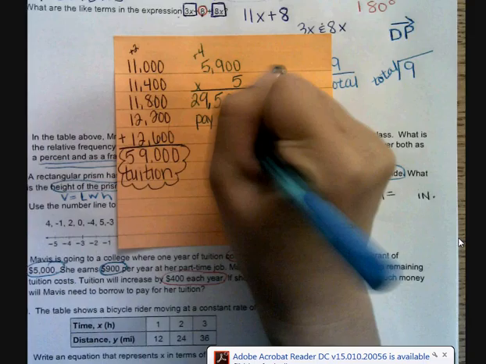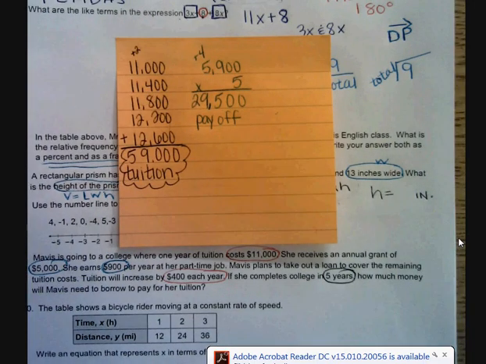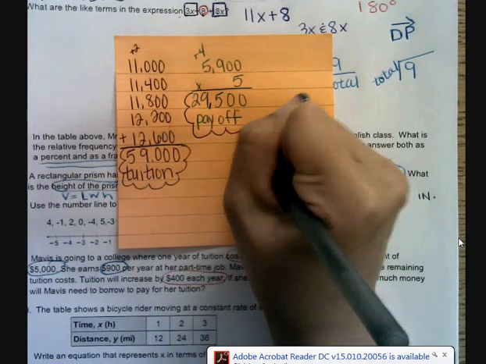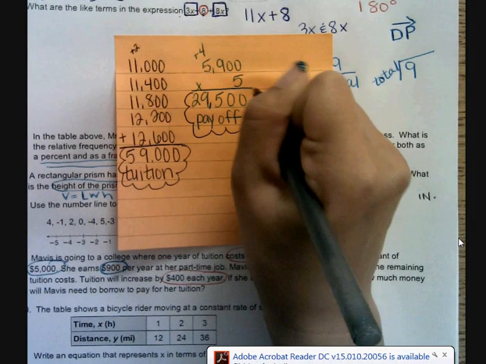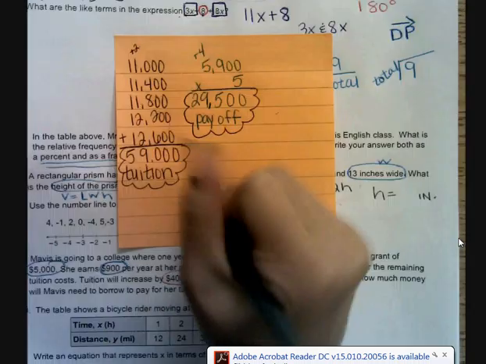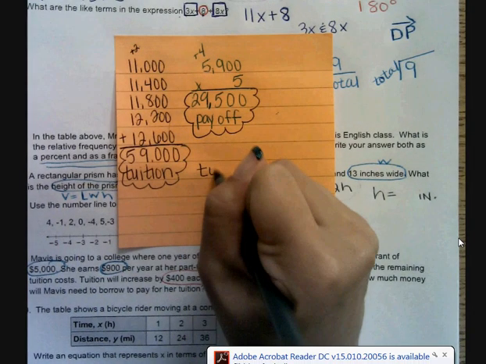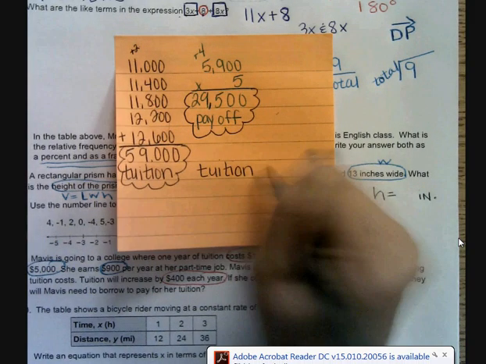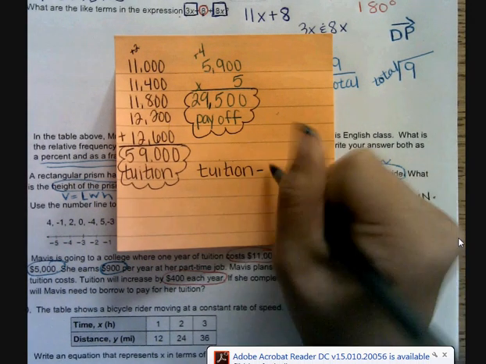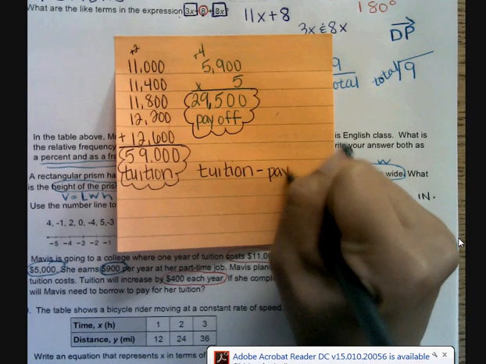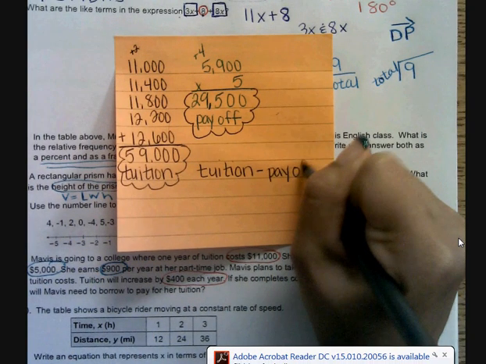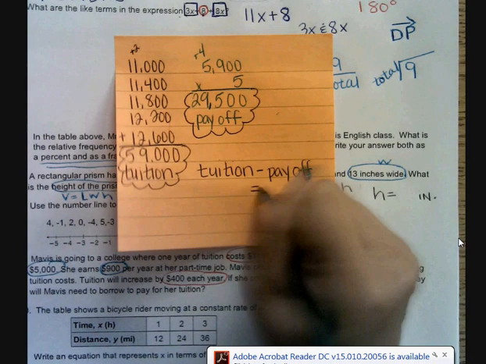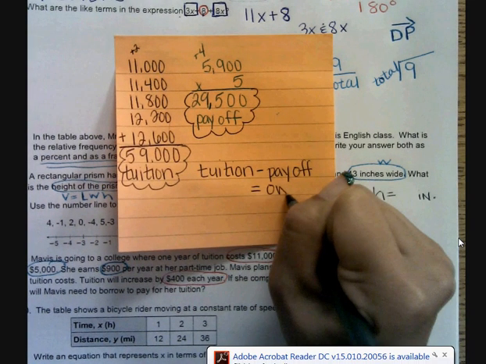We need to figure out how much money she's got to borrow to pay the rest off. So you need to take her tuition and subtract how much money she can pay off to equal how much she owes.